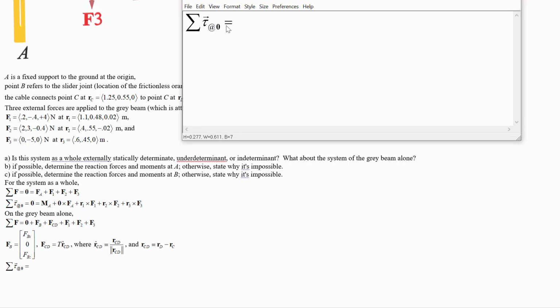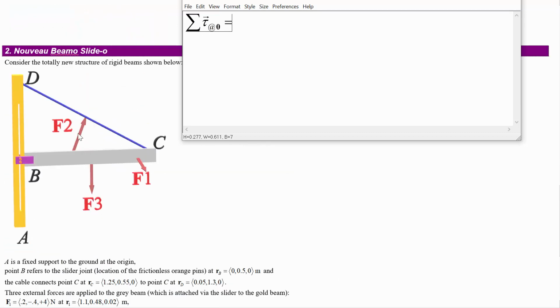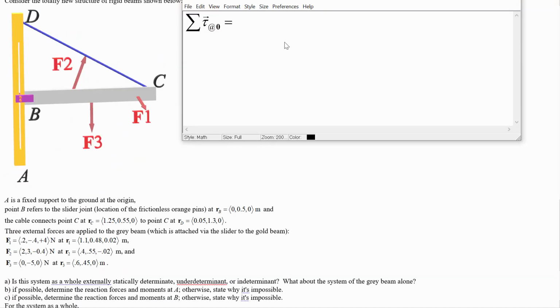Okay, so the net torque at the origin on the gray beam would be equal to the moment applied at B, the moment that this reaction, this joint is applying to the gray beam, because it can apply a moment, plus RB cross the force that this joint is applying to the gray beam at B, plus force CD times its moment arm.